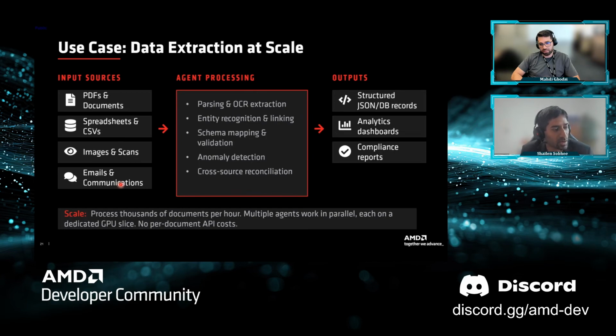And what you can then have is multiple agents that are specialized in treating those types of inputs. So you can have a special agent that is really good at parsing and doing OCR, so optical character recognition. So if you have PDFs, you may need that. For images, you may need OCR.